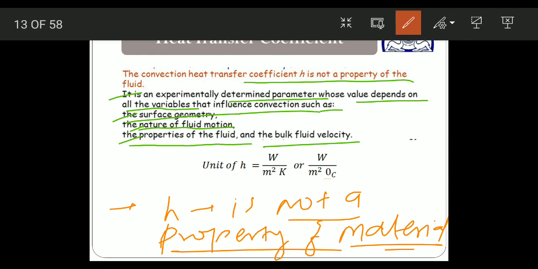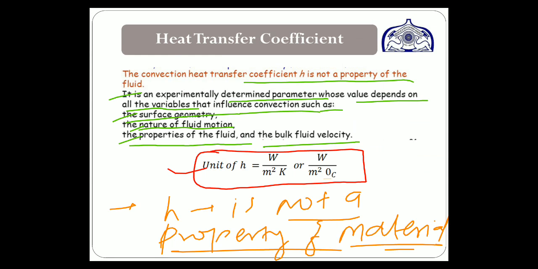Next is the unit of H. How to calculate this unit? H is watt per meter square Kelvin, or watt per meter square degree Celsius, which is the unit of heat transfer coefficient.